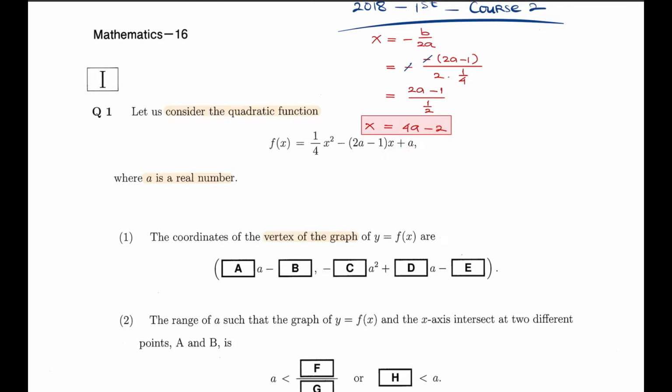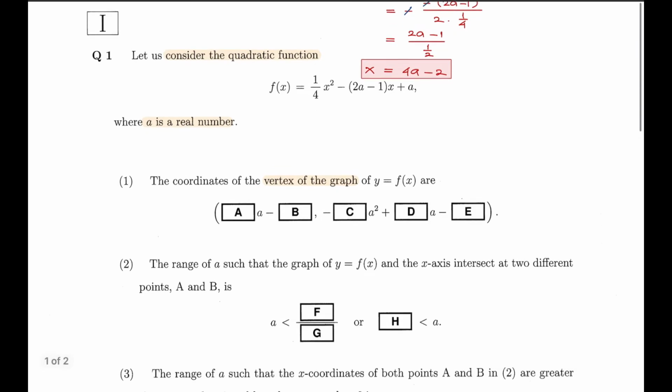So if I substitute x into this equation, I will obtain the coordinates of y of the vertex of this graph. So let's substitute x into this equation. I will get y equals to 1 over 4, (4a minus 2) squared, minus (2a minus 1) times (4a minus 2) plus a.